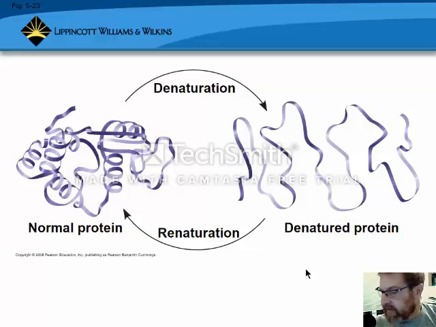There are some cases where the denatured protein can renature. In general, that's a fairly hard thing to do, and one might think of an egg. The majority of the protein in the whites of an egg is albumin, and when you add heat to it and you fry an egg, you get denatured proteins.